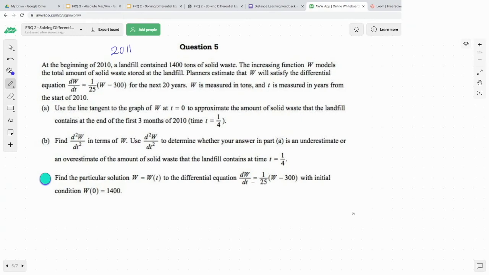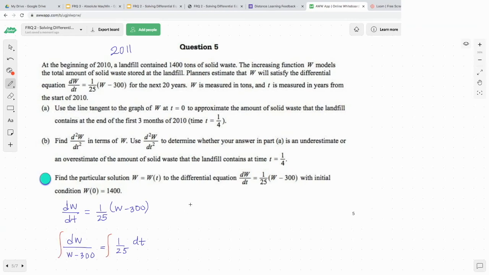So let's separate our variables first. Let me write the differential equation here. 1 over 25, so w minus 300. So what happens here, I'm just going to take this w minus 300 down here, and then 1 over 25 dt right here. Then we just go ahead and take the antiderivative of each side of the equation.